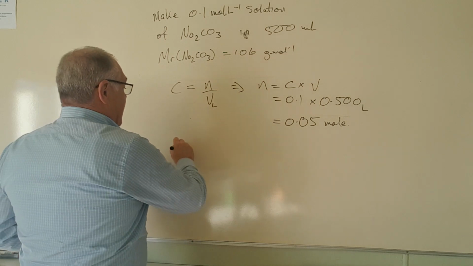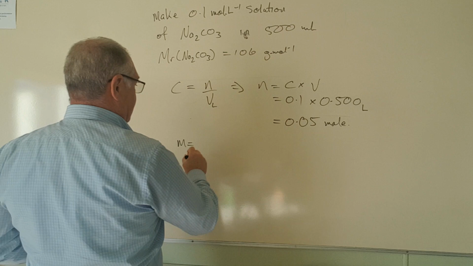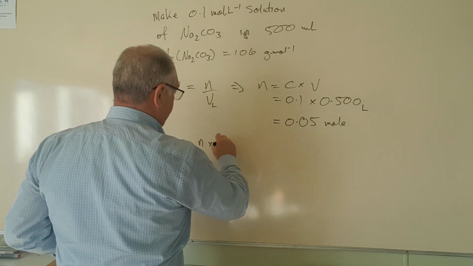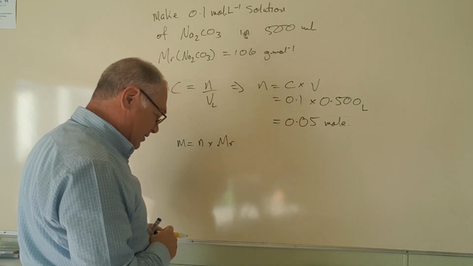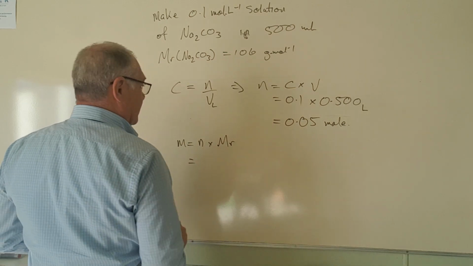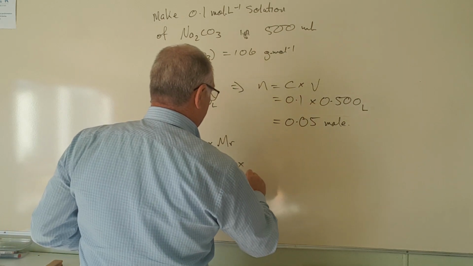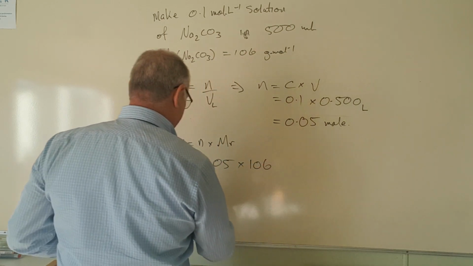So the mass of sodium carbonate that I need is the number of moles times the molar mass. The number of moles that I need is 0.05. The molar mass is 106.